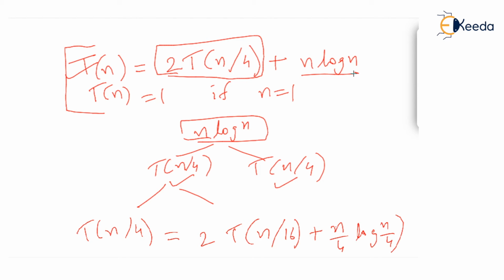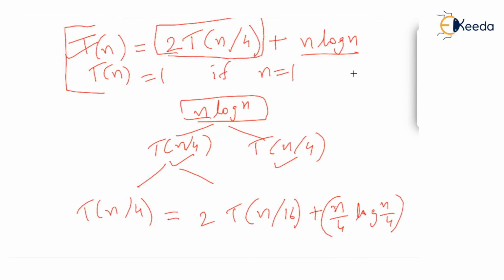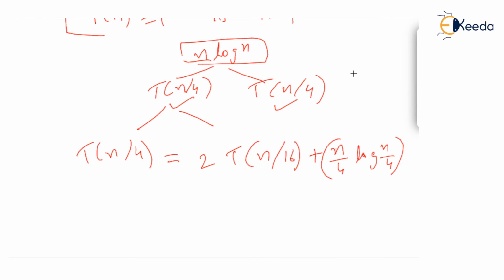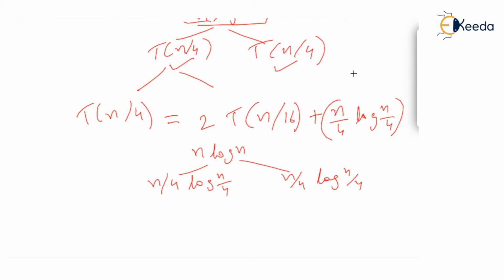As we go on extending the tree, the root is n log n, and the children of the root will be n/4 log n/4 and n/4 log n/4. The two children of each of these will be T(n/16).